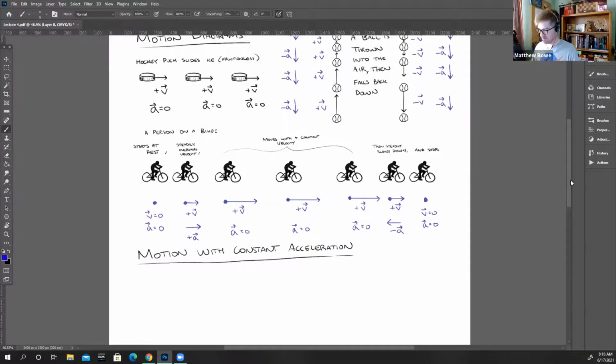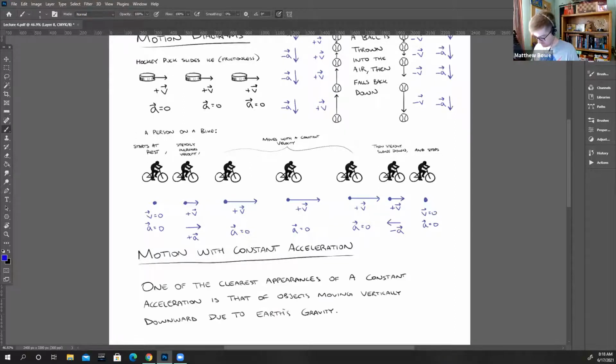Since it is so common that something might speed up for a bit at a constant rate, and then maybe it's constant at 0 for a minute, there are a lot of times where acceleration can be constant. So let's look into it a bit more.